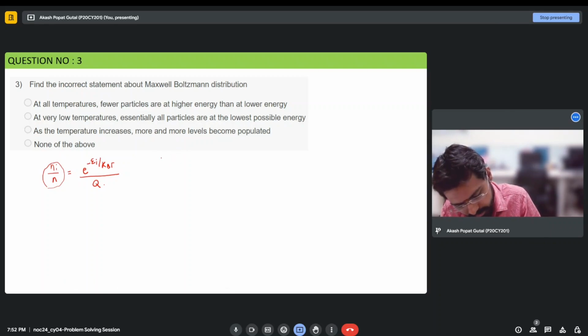Suppose this line represents the fraction Ni by N, and this is the graph of energy.